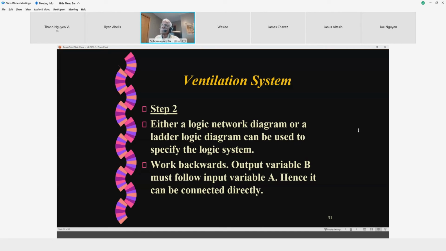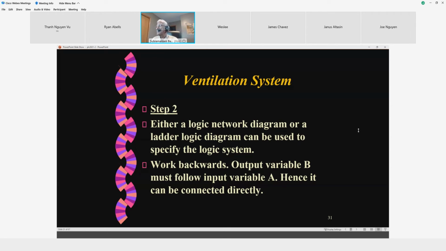So in this case, I'm going to show you another procedure that can be used to construct the logic diagram. Reverse engineering, work backwards. In many simpler problems, this is actually workable easily.